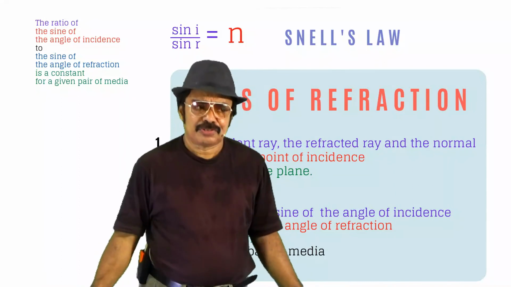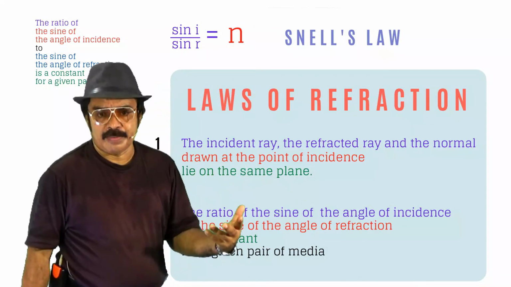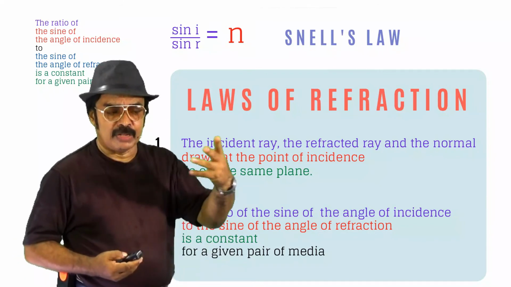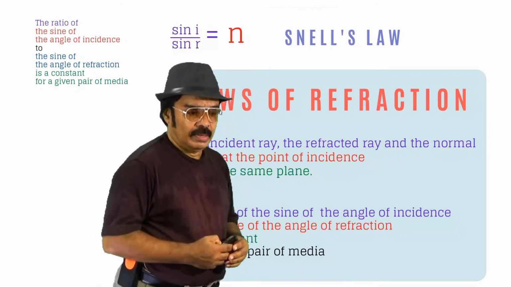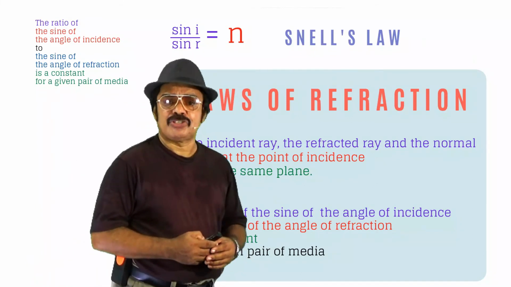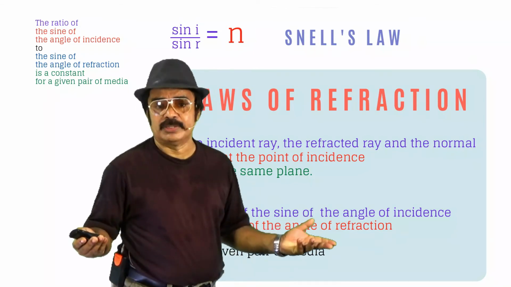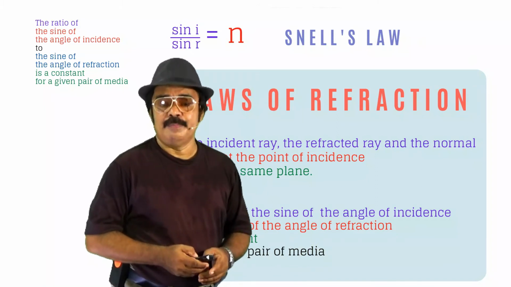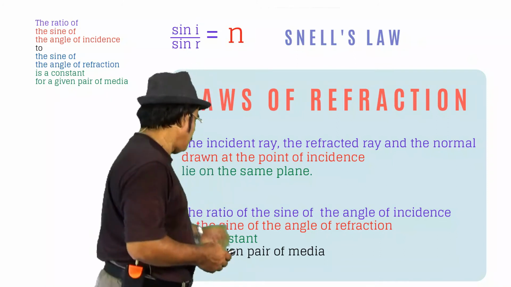The scientist that discovered this relationship of sine I and sine R, the angle of incidence and angle of refraction, is actually a young Dutch scientist, Snell. So we call that Snell's law after the scientist.